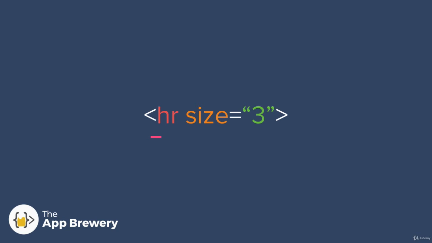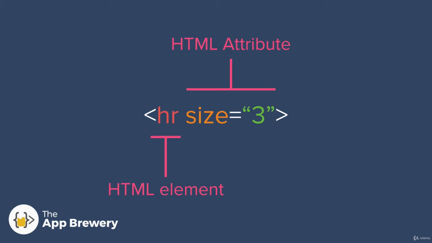Now we know that the first part of the tag is the HTML element, and it's BR or HR, whatever it is that you want to use. Now, the second part inside the angle bracket or inside our tag is new. And this is called an HTML attribute.